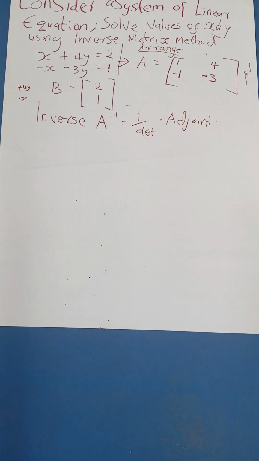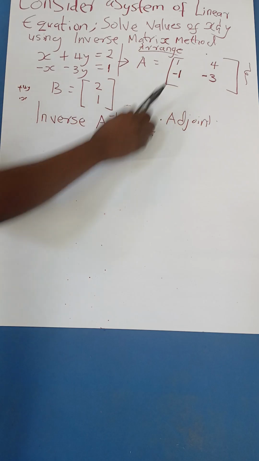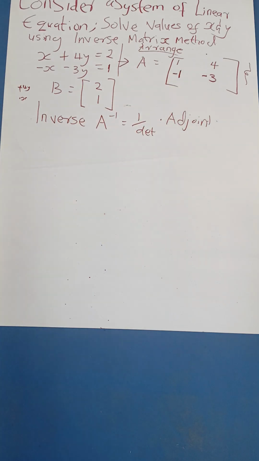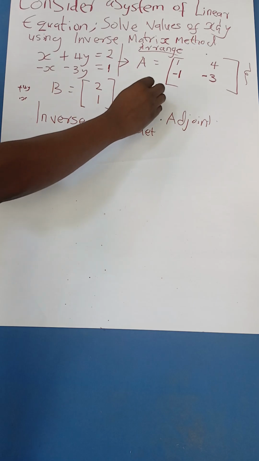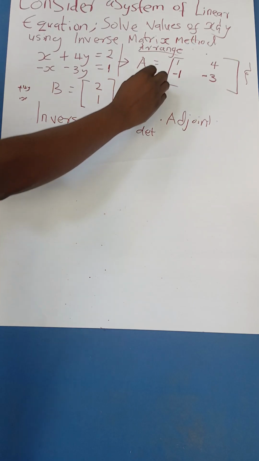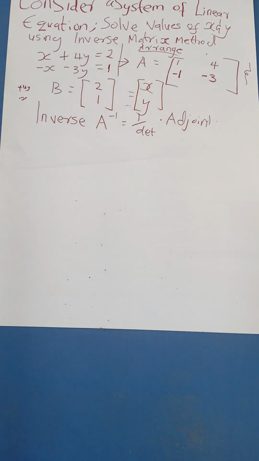For that case, let us find the determinant of matrix A. Then I will show you how we are going to determine the values of x and y. At the end of the day, we have to come up with the values of x and y.